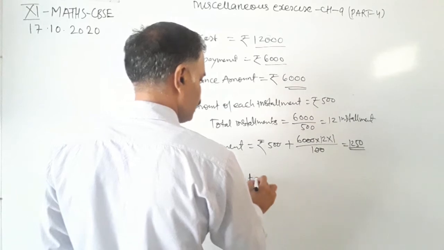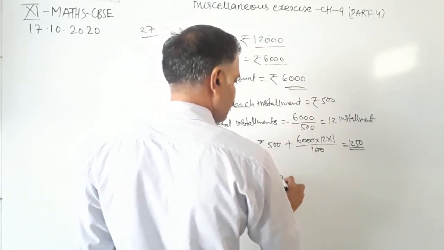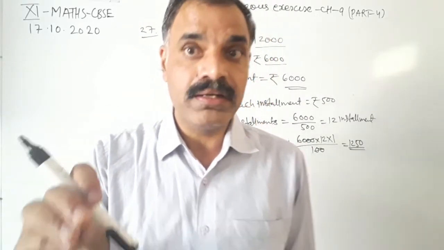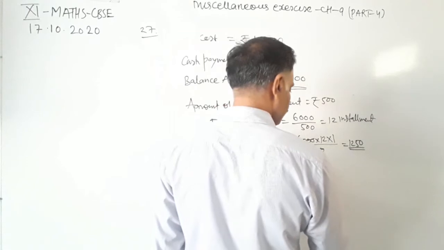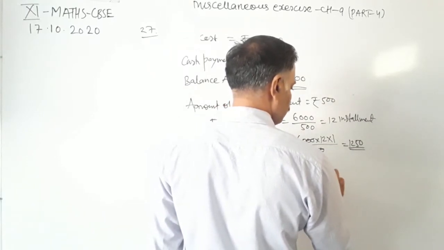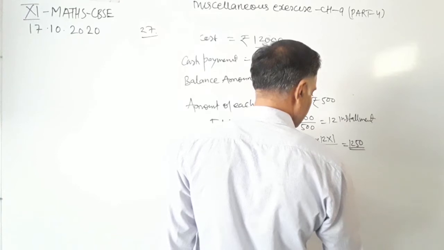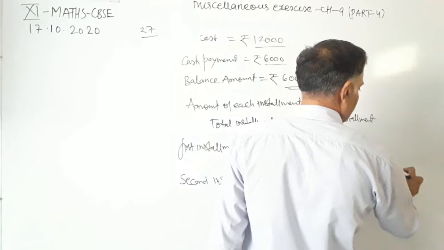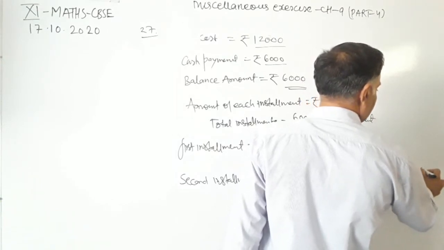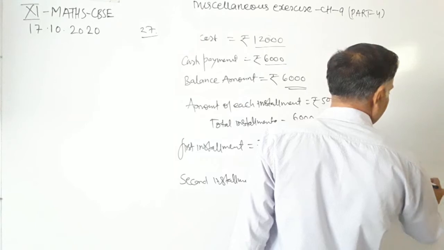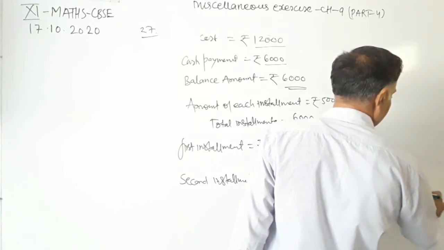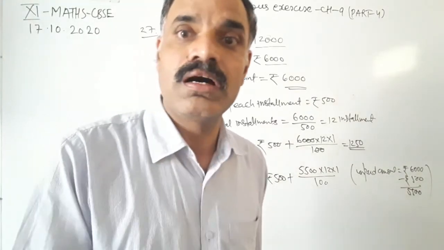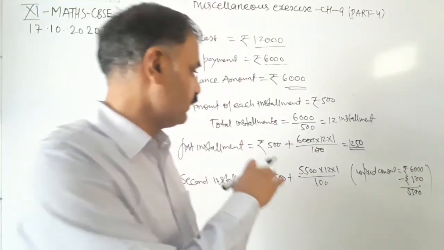The second installment equals rupees 500 plus 12% interest on the unpaid amount. The unpaid amount equals rupees 6,000 minus rupees 500, that is 5,500. So 5,500 into 12 into 1 upon 100, that is rupees 660.